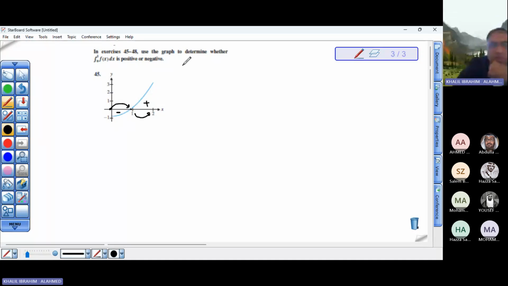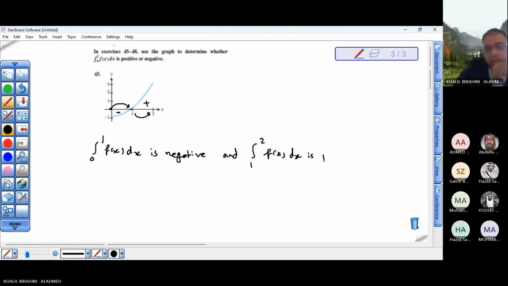The question here is just to determine whether the integral from 0 to 1 of f of x dx is negative. Why? And the integral from 1 to 2 of f of x dx is positive. Why?